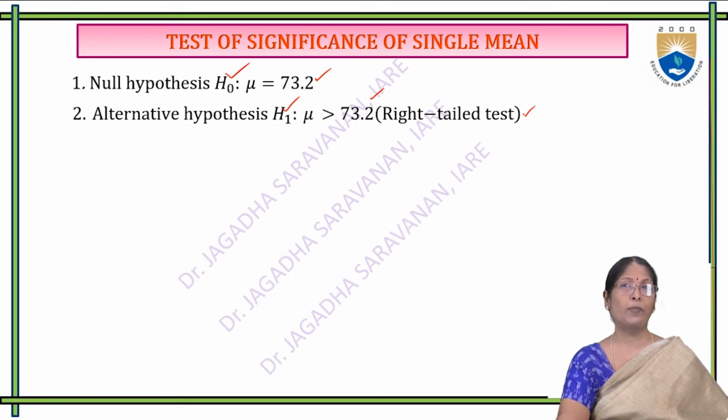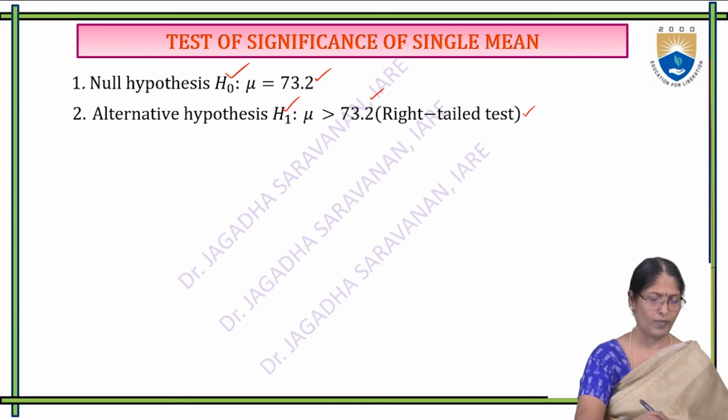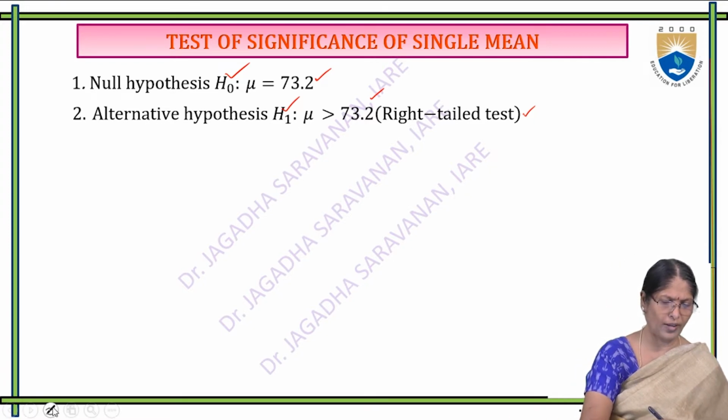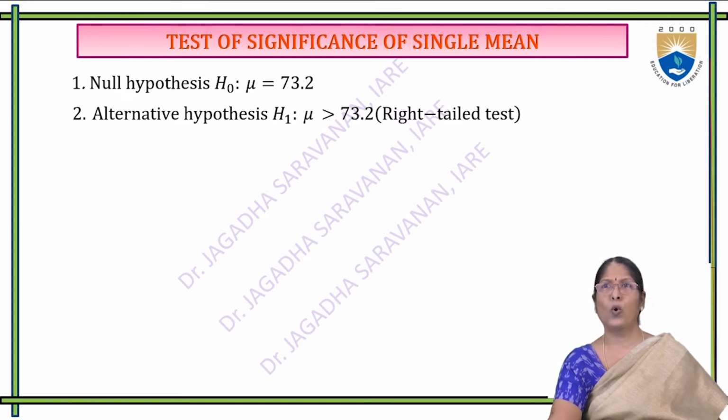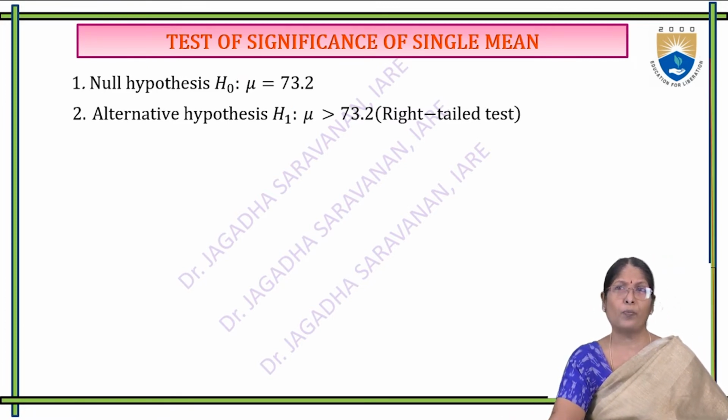If statements like that are given, we can go for a two-tailed test. So we had a general discussion about the overall. Now we will come back to our problem. In our problem, they told us strictly how to reject, in such a way.